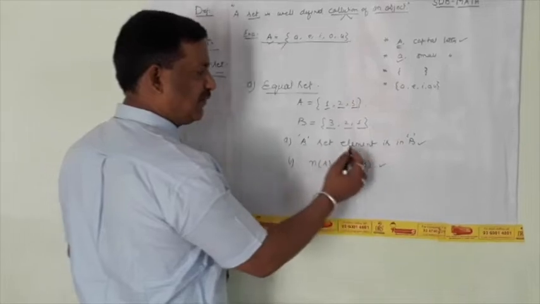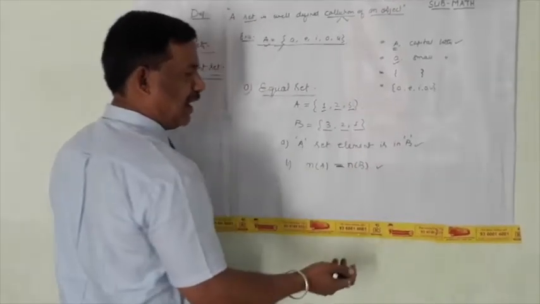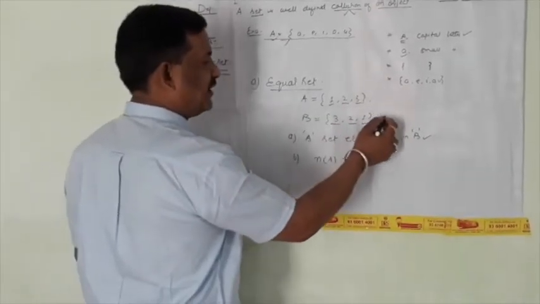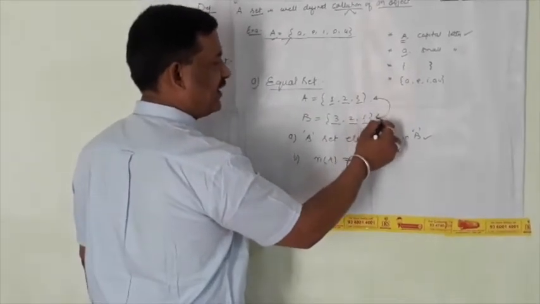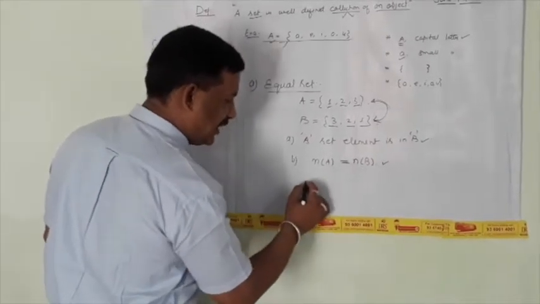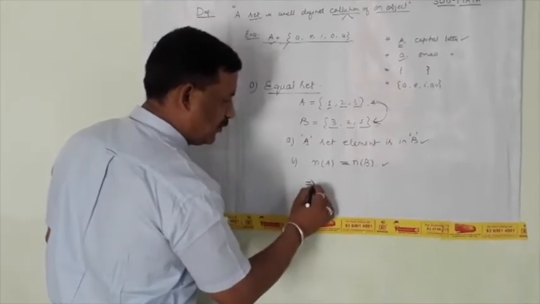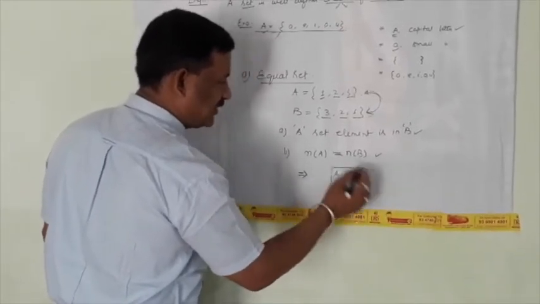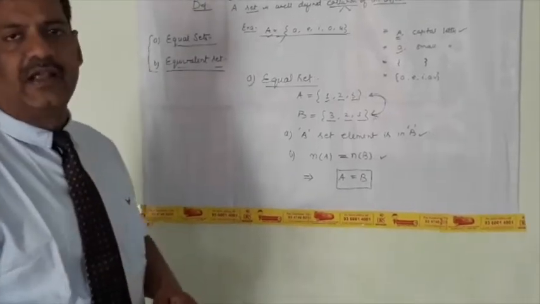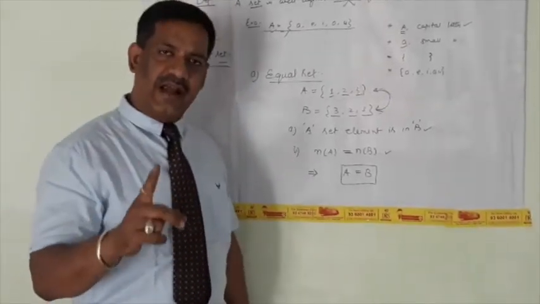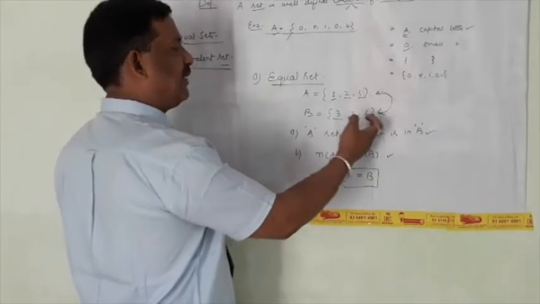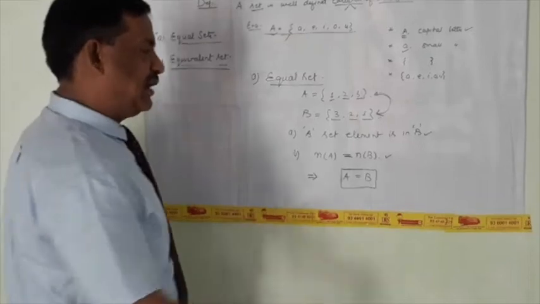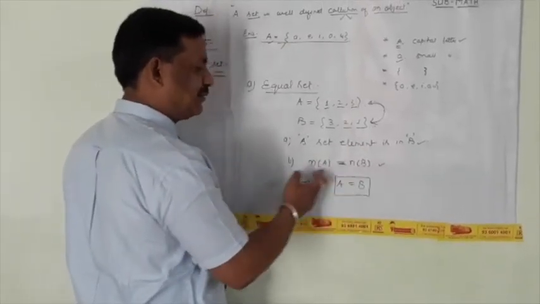And every element of set A is in B, and vice versa, every element of B is in A. So we represent it using these two points: set A is equal to B. By the definition, if every element of set A is in B and every element of B is in A, then the sets are called equal sets, and the number of elements is also the same.